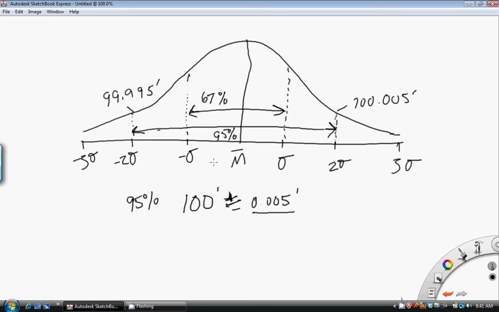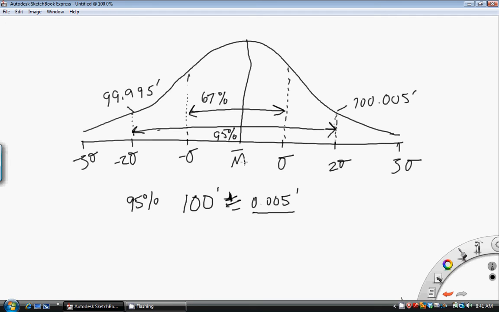So that's pretty good. So we're off by, what is that, 5 thousandths of a foot. Tenths, hundredths, thousandths. Yeah. So that's a very, very small error, smaller than an inch. An inch would be 0.08. So very small error there.